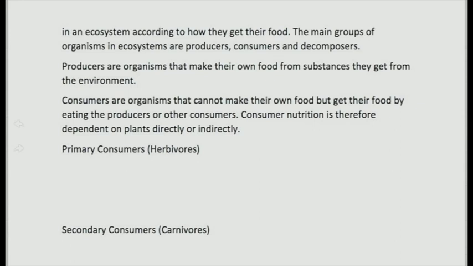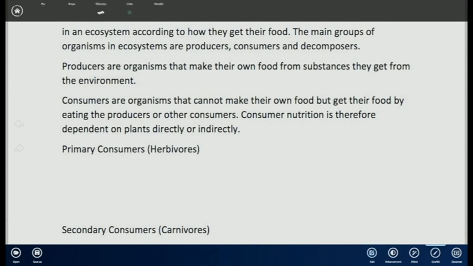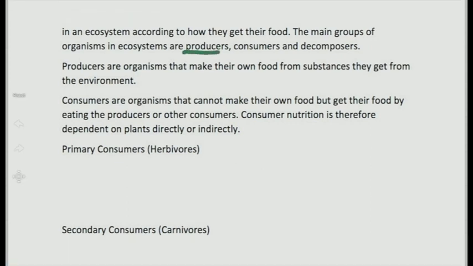We have these living organisms depending on each other for food. The main groups of organisms in an ecosystem are the producers, the consumers, then the decomposers. We have seen just from the diagram we have looked at that we have grass, which is producing or making the carbohydrates, hence it is called the producer.